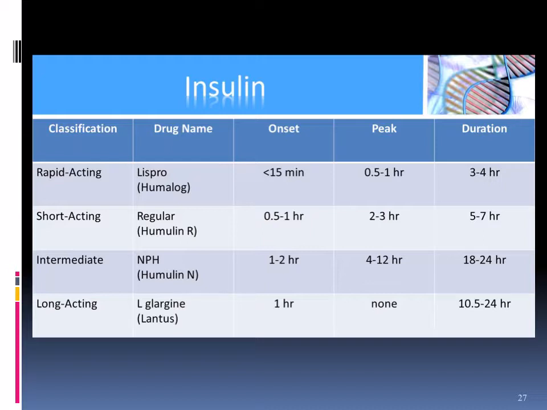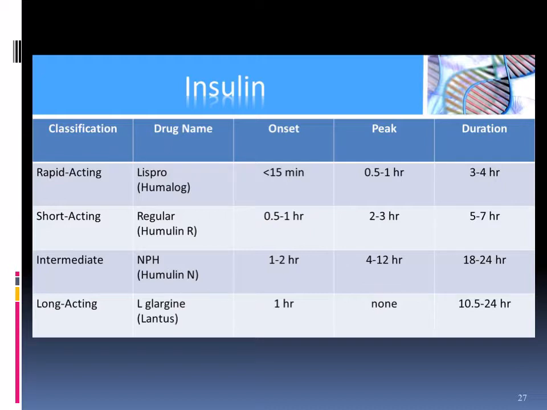So this slide was as close to the ATI as I could get, and so you want to be sure to use that as your rule of thumb. And sometimes in looking at your textbook, it might differ by a half hour or so when you're looking at the comparison.